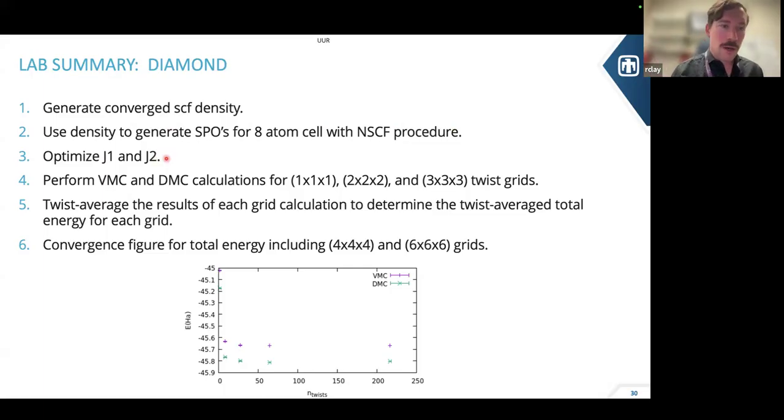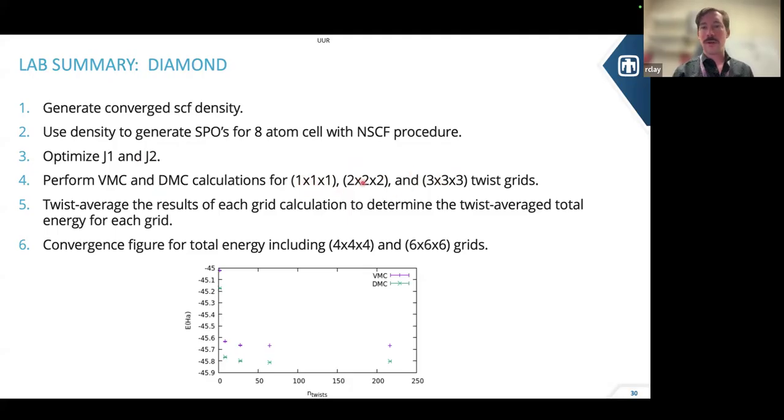Now, once you have your J1 and J2 set up, then you're going to go through a series of calculations with VMC and DMC for several different twist grids. And so, incidentally, you will notice that these are actually the twist grids over the irreducible Brillouin zone.